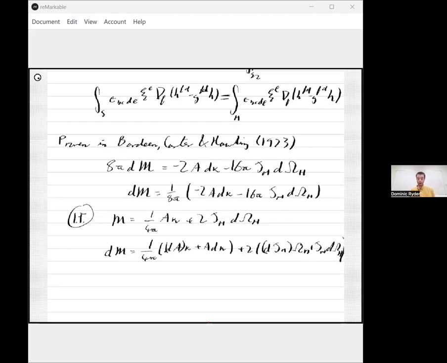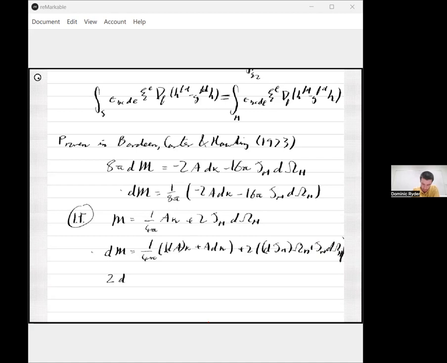Okay, and now we're going to add this equation and this equation together. So obviously we're going to get 2dM on this side. Then our first term up here is minus 1 over 4 pi A d kappa, and we have a 1 over 4 pi A d kappa term here, so they're going to cancel. And here we have a minus 2 J d omega term and a 2 J d omega term here, so they cancel.